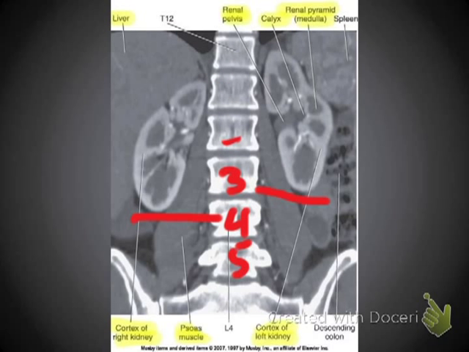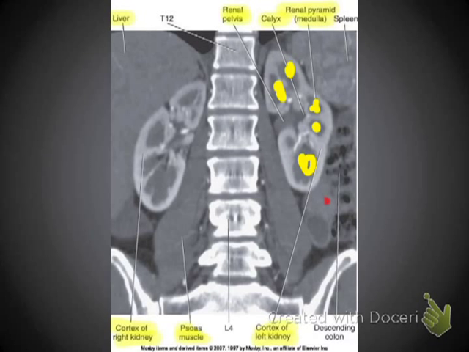So let's get rid of all of this on it, and let's look at the kidney. We have the medulla, which is the renal pyramids, here, here, here, here, here, here, here, here, and here. So that is all the medulla.